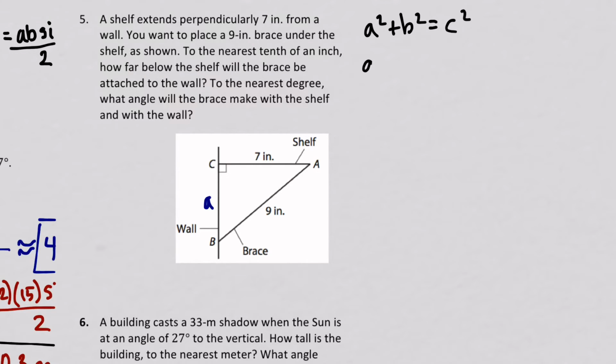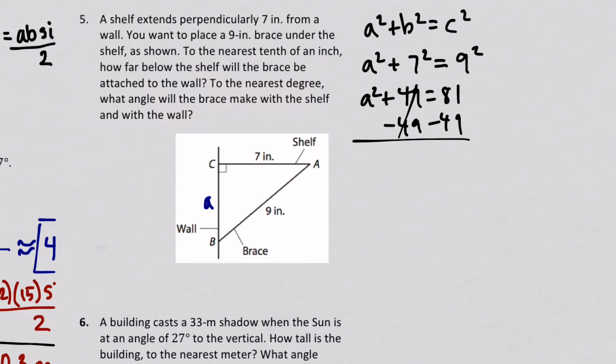So a squared, we don't know what a is, so we're just going to leave it as a squared. B squared, in this case b, is 7, right here. So 7 squared equals c squared. C is always the hypotenuse, so that's 9. So a squared plus 49 equals 81. Subtract 49 from both sides. So a squared equals 81 minus 49, 32.